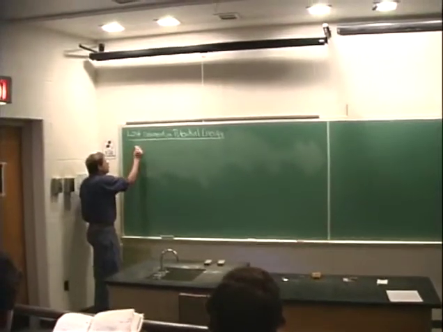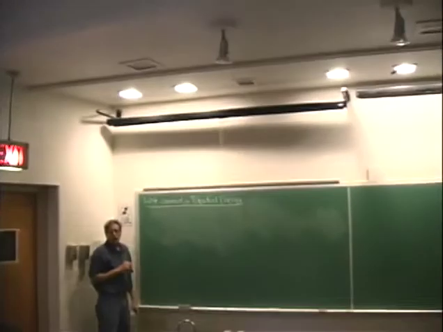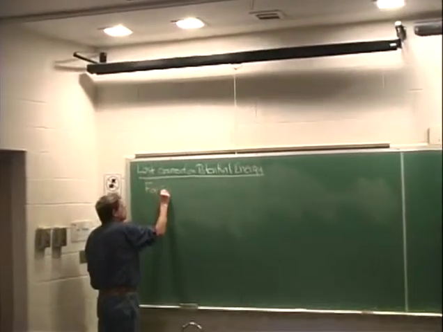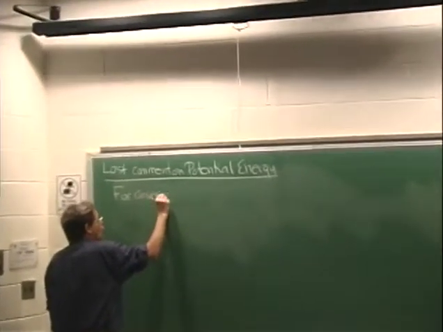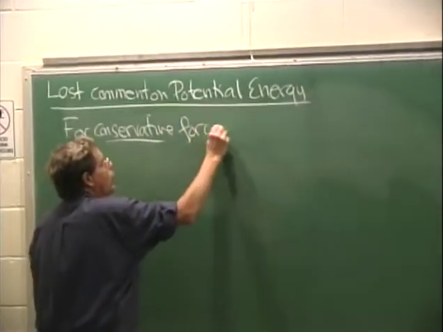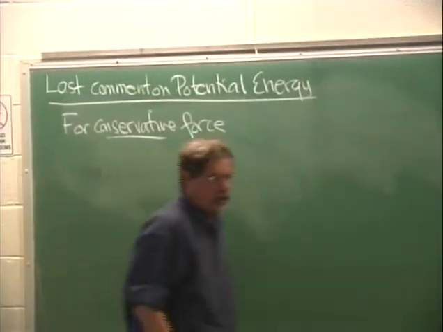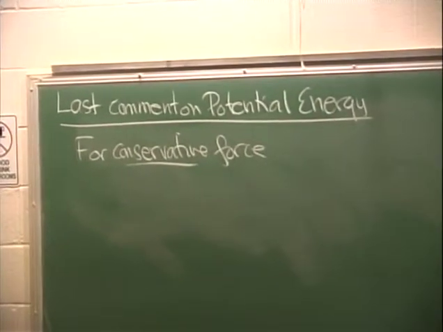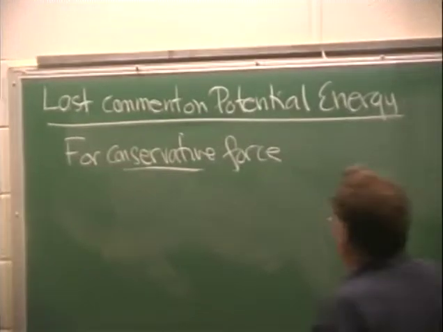Potential energy, I remind you, pertains only to conservative forces. That is to say, a force such that the work it does is independent of the path taken from the beginning to the end point.